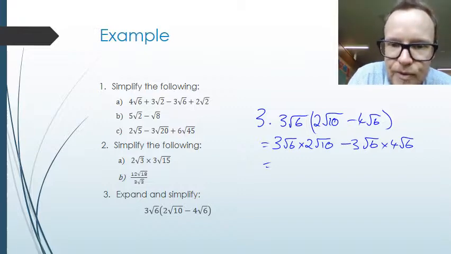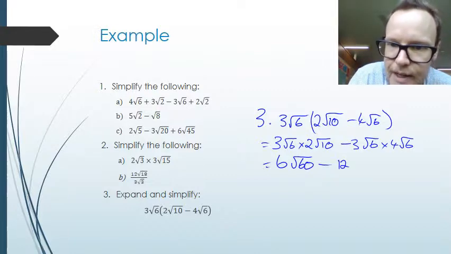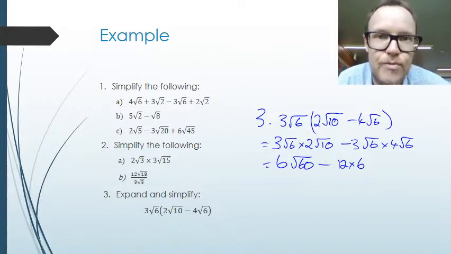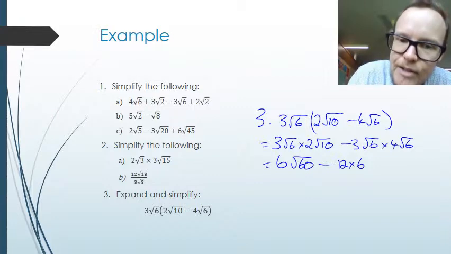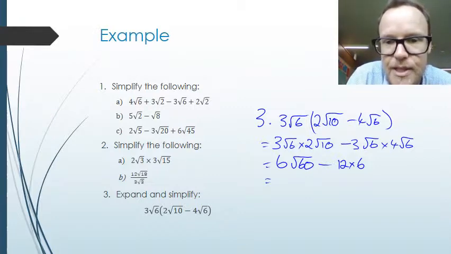When we're simplifying this one, we're getting 6 times square root of 60 minus 12, and root 6 times root 6 is just going to be 6, because that's root 6 squared. So then we get 6, we can simplify the 6 root 60.